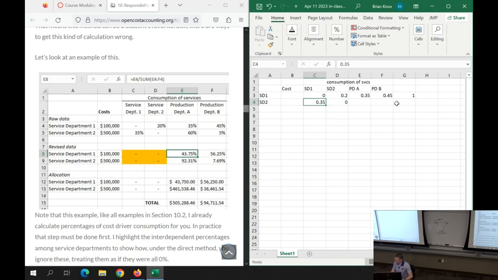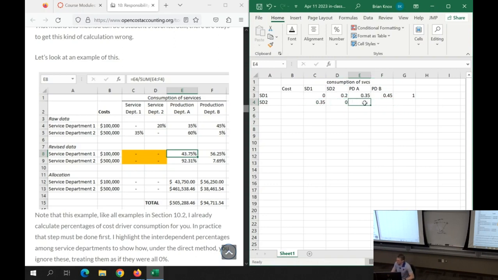So if there were 100 units of cost driver that service department 2 served that were due to service department 1's work, and then the overall amount out of all the work they do is 1,000, then this would be 10%. 100 for service department 1 out of 1,000, 10%.